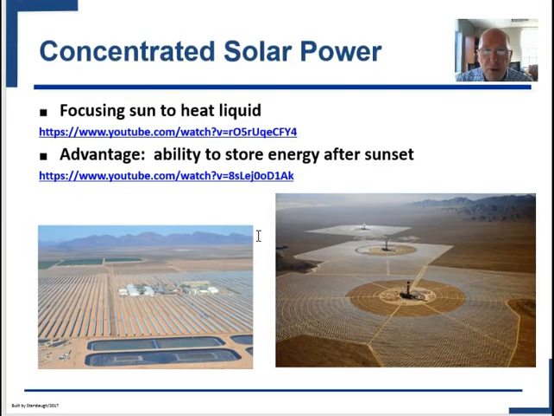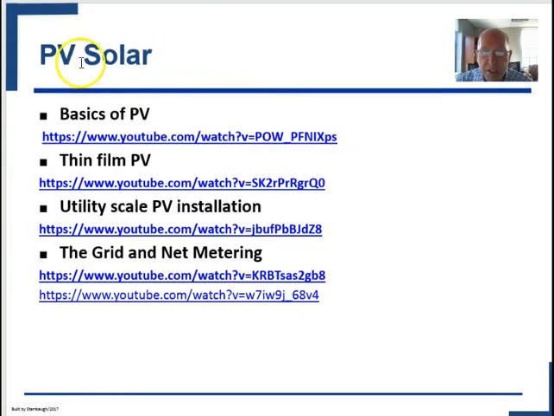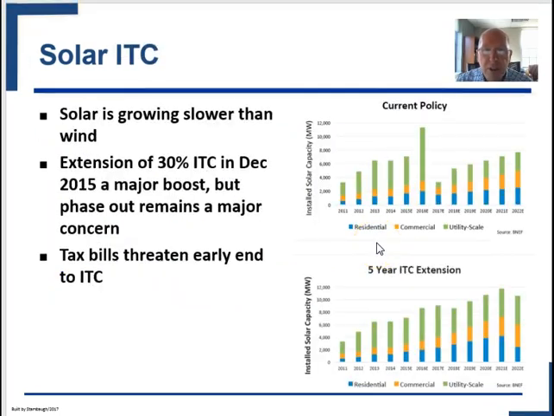I would like you to know the differences of concentrated solar power, CSP, versus photovoltaic. And you need to be very up on this concept of net metering. Make sure that you've watched these videos and you understand what the issue is from both perspectives.